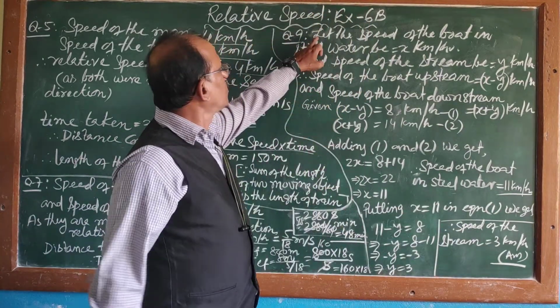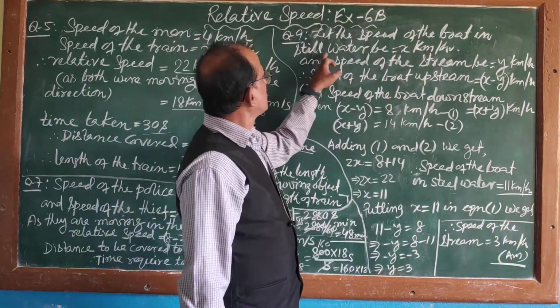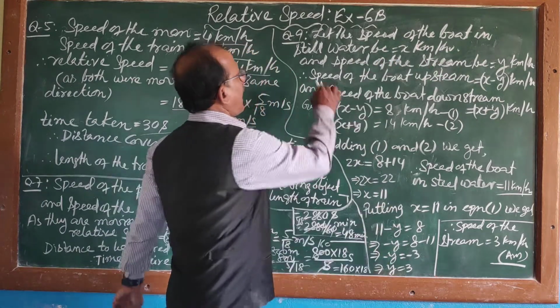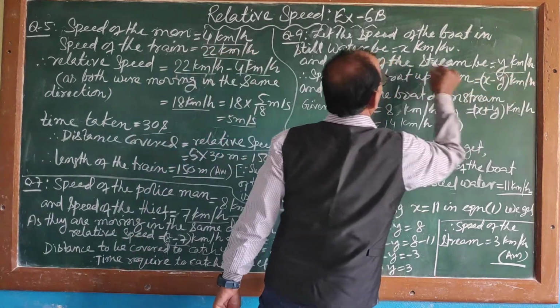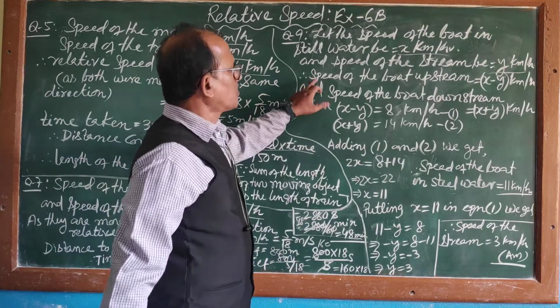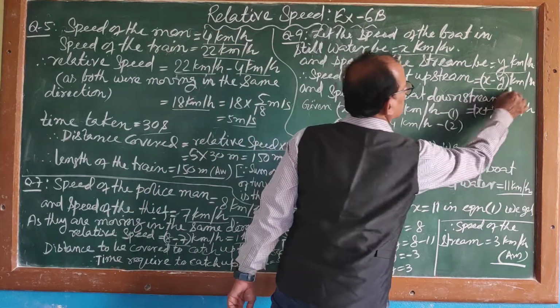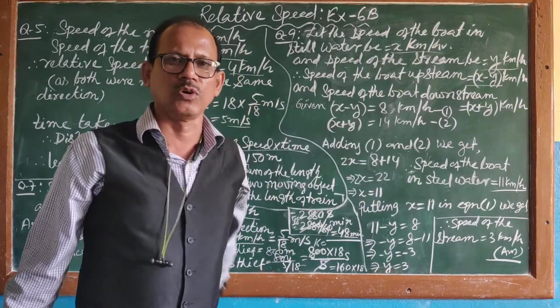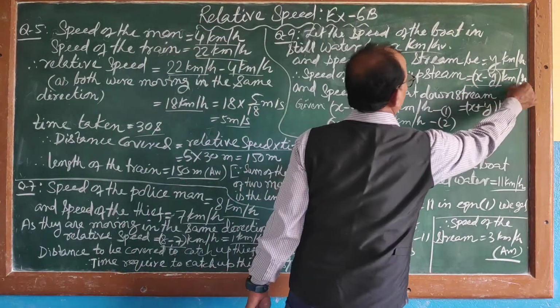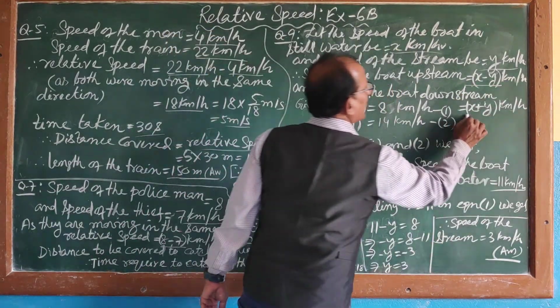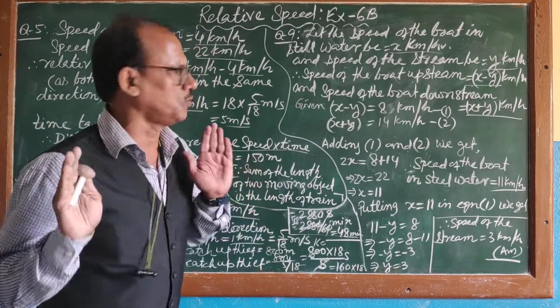So what we need to do? Let the speed of the boat in still water be x km per hour and the speed of the stream be y km per hour. Therefore, the speed of the boat upstream will definitely be less because you are going against the stream, x minus y km per hour, and downstream will be x plus y km per hour. That much you know.